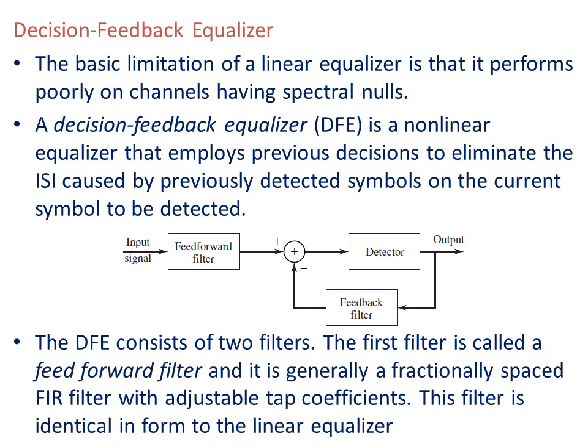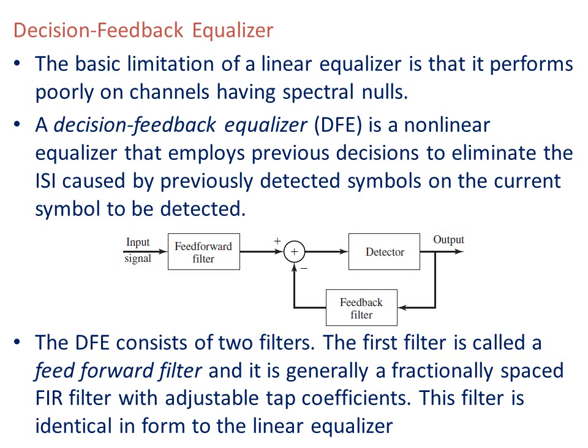The DFE consists of two filters as shown in the block diagram. The first filter is called a feed forward filter, and it is generally a fractionally spaced FIR filter with adjustable tap coefficients.